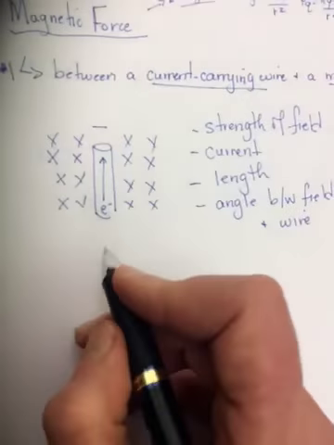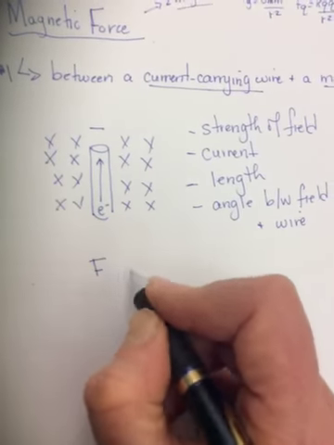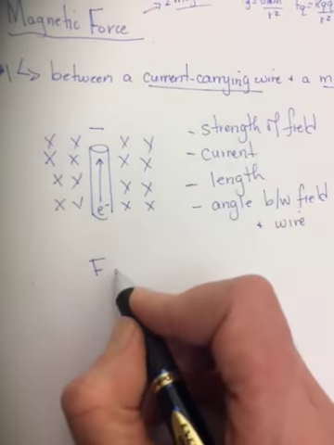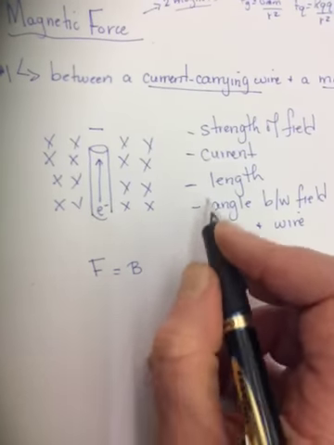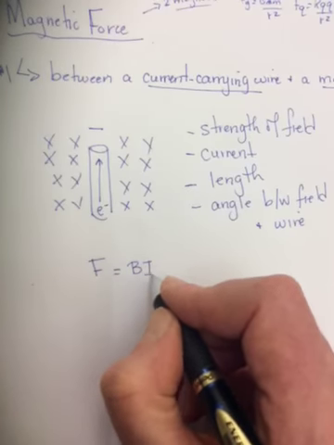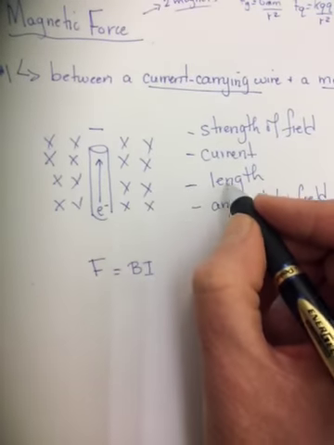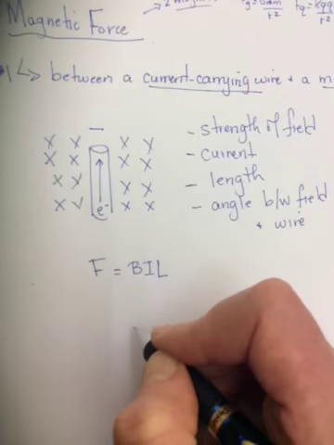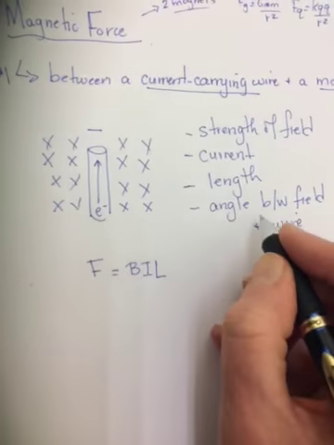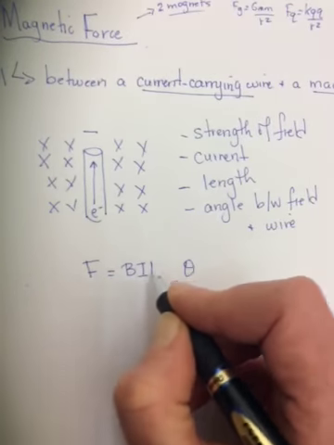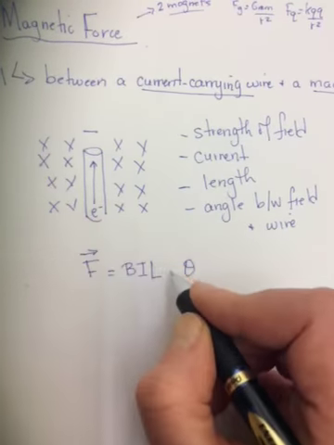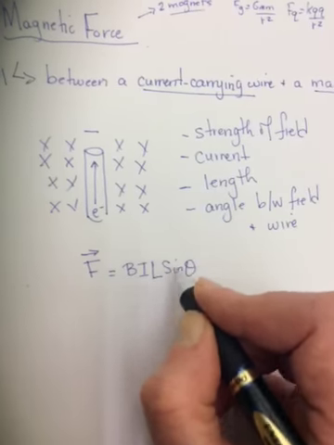Okay, so what are we looking for? We're looking for force, and we said the bigger the strength of the field, the bigger the force, so it's going to be on the top. Bigger the current, the bigger the force, it's going to be on the top. Longer the length, the bigger the force. So all of these are going to be together. And then we said there's an angle here, and it has to be sine because it's being cross multiplied.